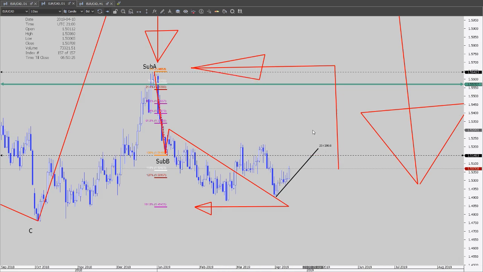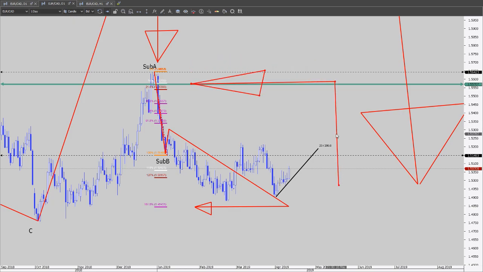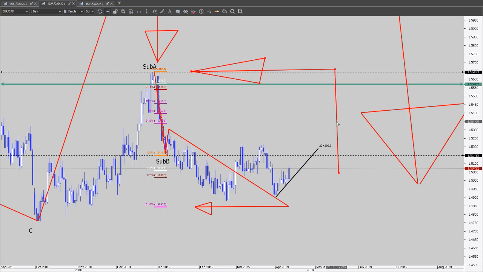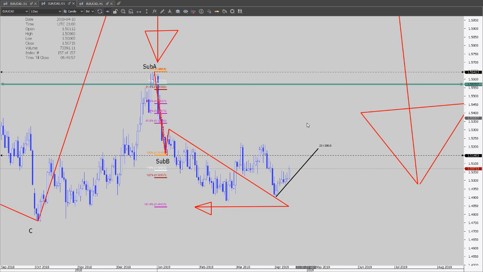Until up here, professional traders, okay, I'm not talking about scalpers that are scalping on the 1 minute, 5 minute chart, whatever. I'm talking about the professional traders who are using the Fibonacci as a tool to trade. The professional traders are staying out. They are not long until the market breaks the sub A, until the market breaks the contrarian Fibonacci.